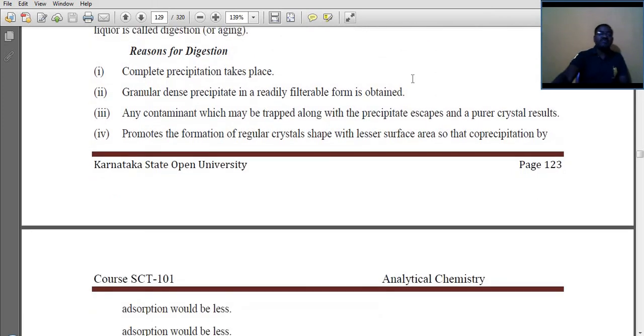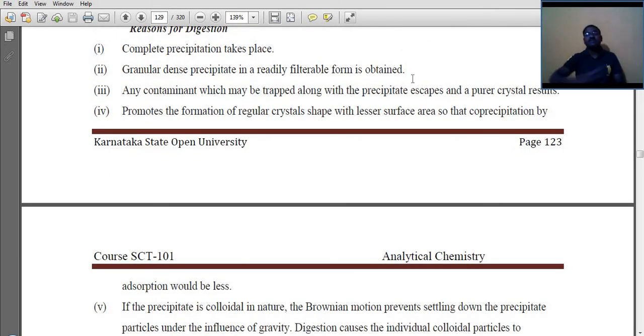What are the reasons for digestion? Complete precipitation takes place. A granular dense precipitate in a readily filterable form is obtained. Any contaminant which may be trapped along with the precipitate escapes and larger crystals result.